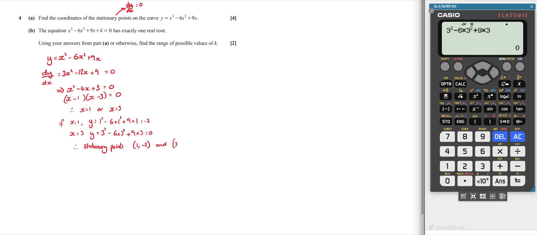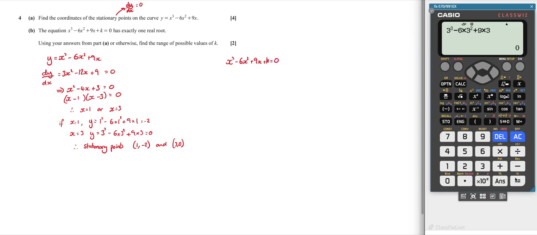We are then told the equation x cubed minus 6x squared plus 9x plus k equals 0 has exactly one real root. So let's try having a look at this. x cubed minus 6x squared plus 9x plus k equals 0.